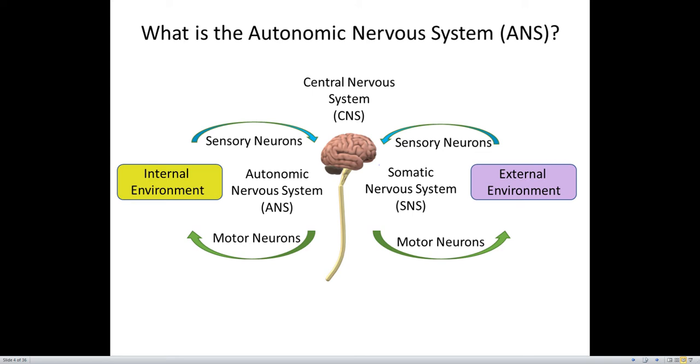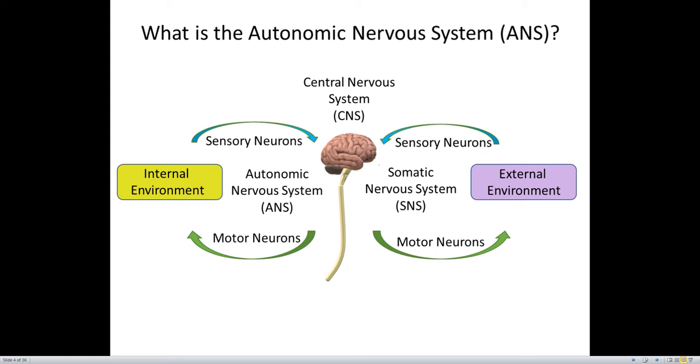And from that, the brain is going to interpret what needs to be done and transfer signals through motor neurons, like neurons that affect smooth muscle cells, etc., to potentially change that internal environment. So, for example, if you need more blood flow, then the motor neurons are going to say, hey, we need to vasodilate.